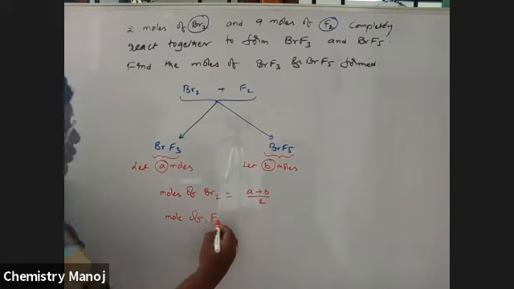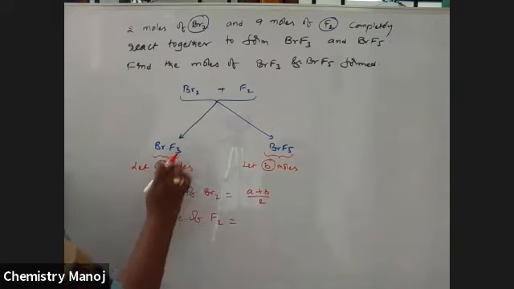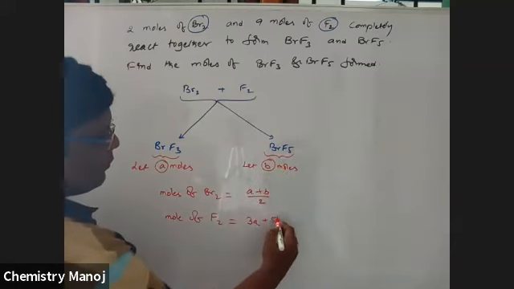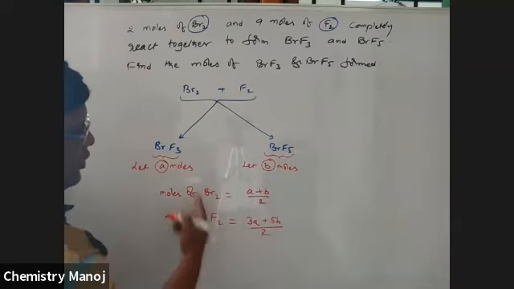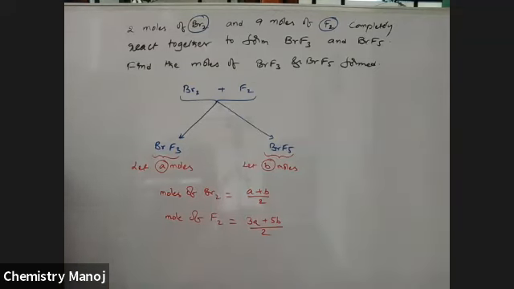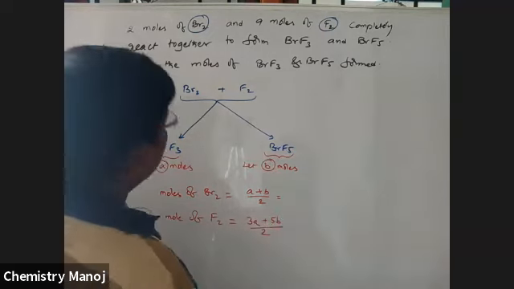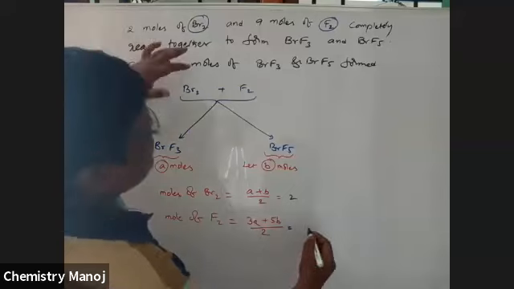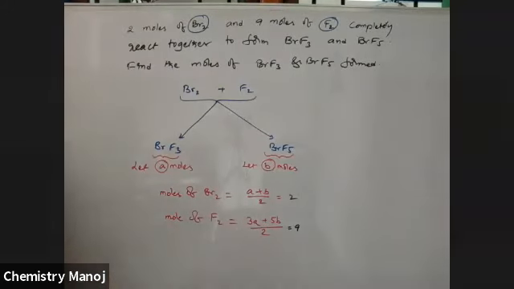Moles of F2 is also equal to 3A plus 5B by 2. Those are atoms, and fluorine molecules are half of that of atoms. This value is given as 2 moles, and this value is given as 9 moles.